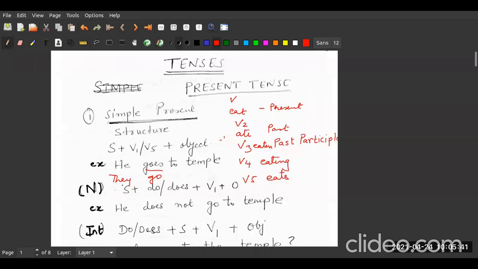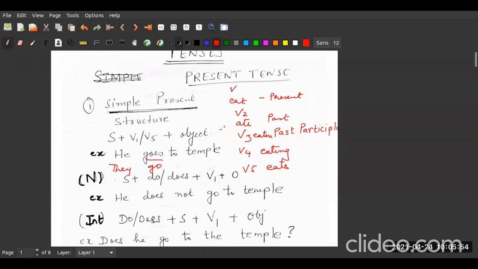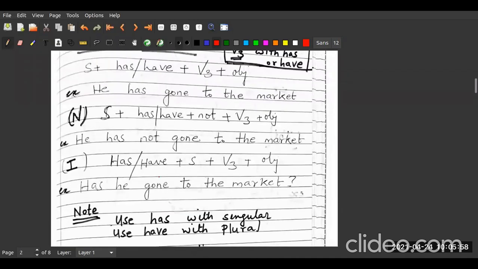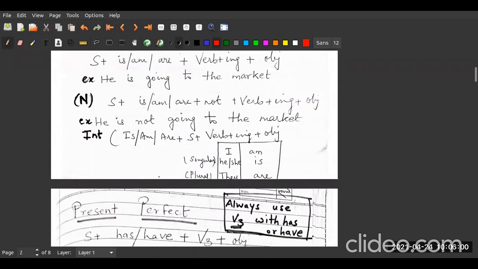That depends on the subject. If the subject is singular, then you use the verb with s. If the subject is plural, then you use the verb without s. But you have to remember two exceptions, I and you. I have already written this on the table.